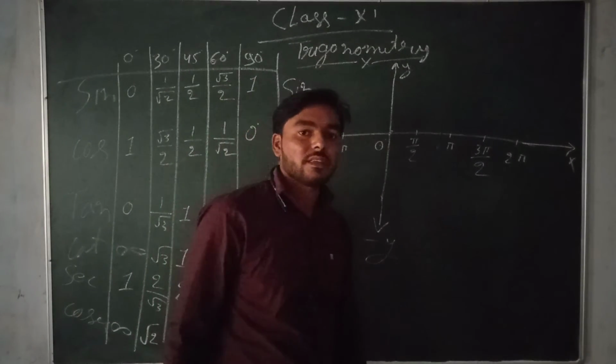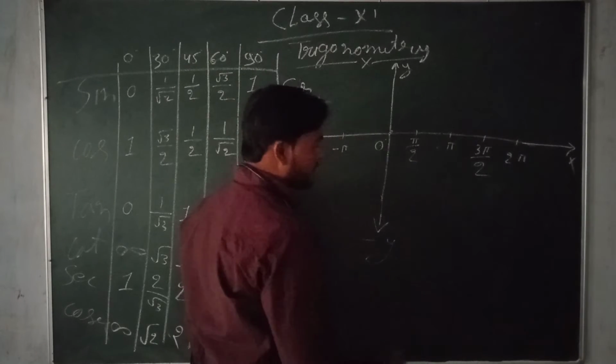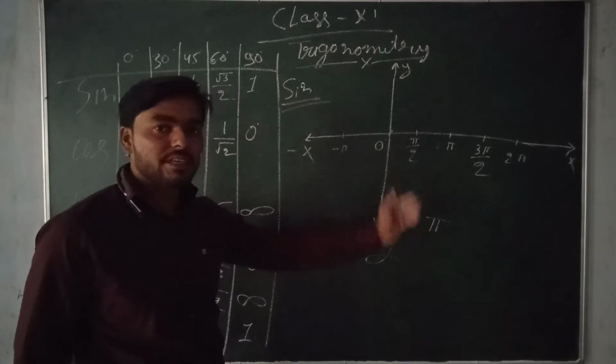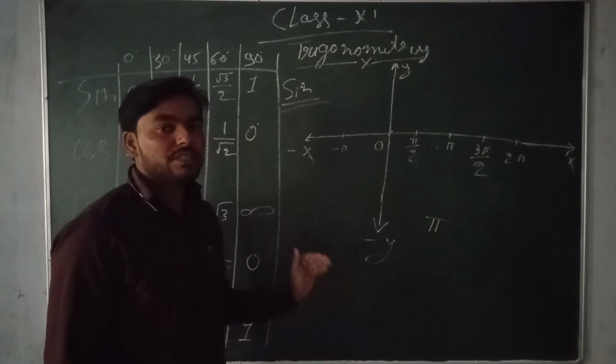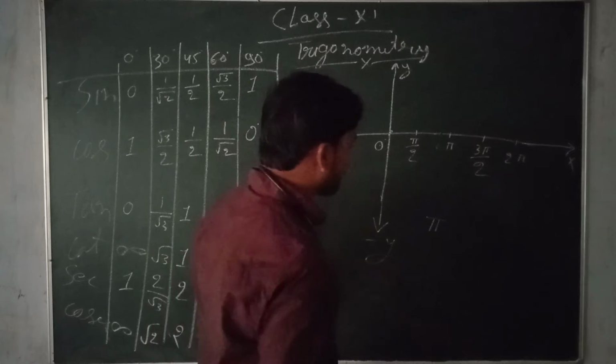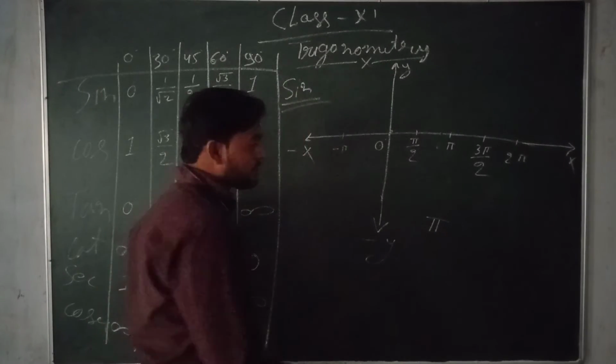What is the value of pi? It is a radian value, and we want it in degrees.